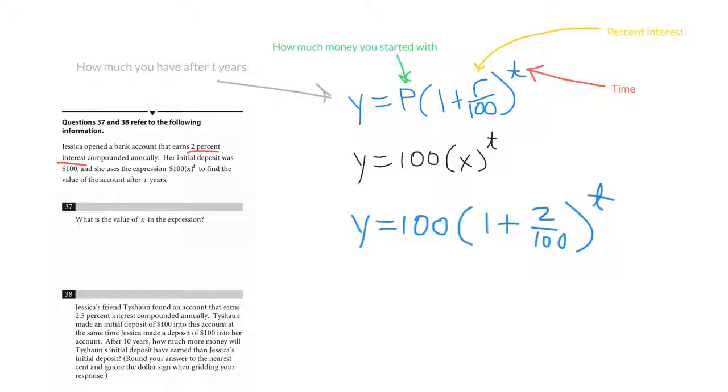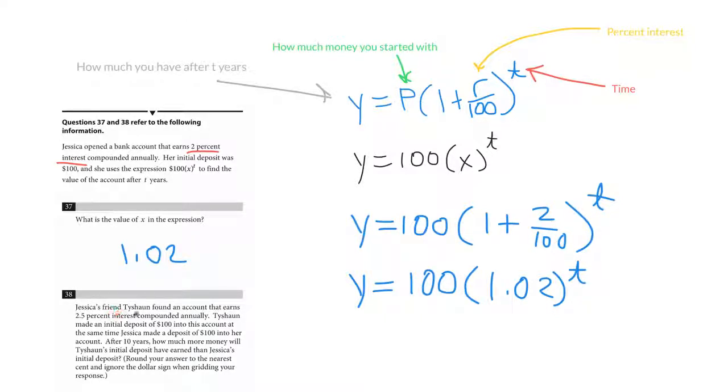They told us the 2% interest, and 2 over 100 is equal to 0.02. So this becomes 1.02 raised to the t power. So x is 1.02. All right, pause, rewind the video if need be to understand that better.